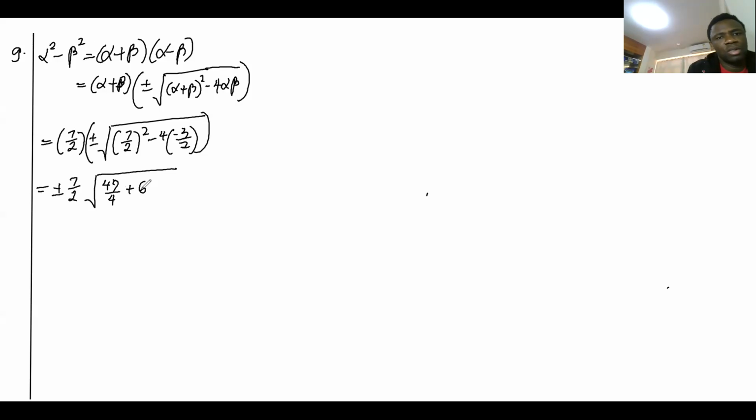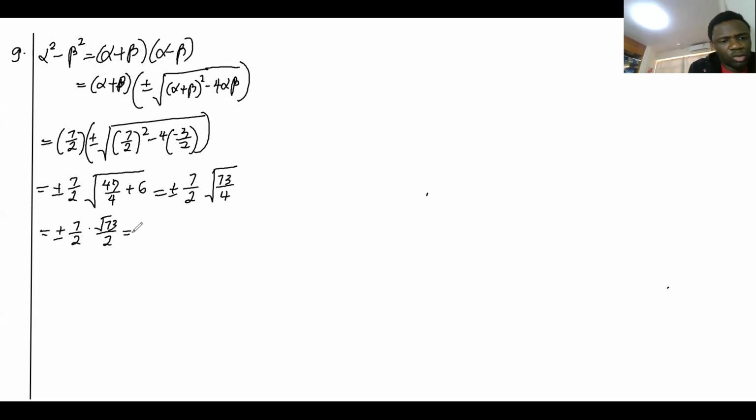This is 6. So basically, this is what we have written in the previous one. So we're just doing almost the same thing. Plus or minus 7 over 2, then square root of 73 over 4. Which is plus or minus 7 over 2, root 73 over 2.